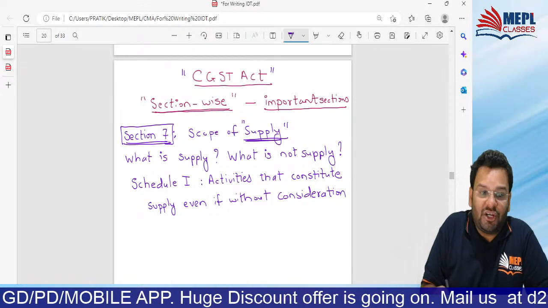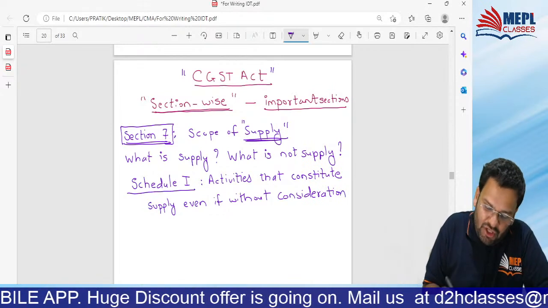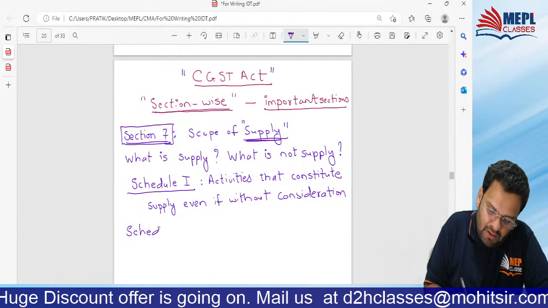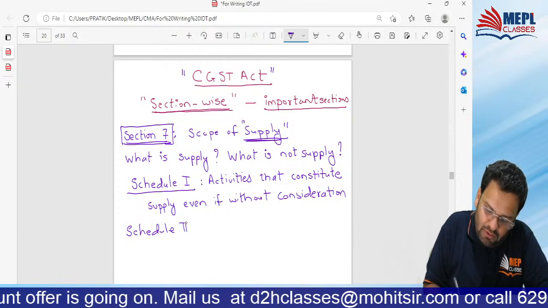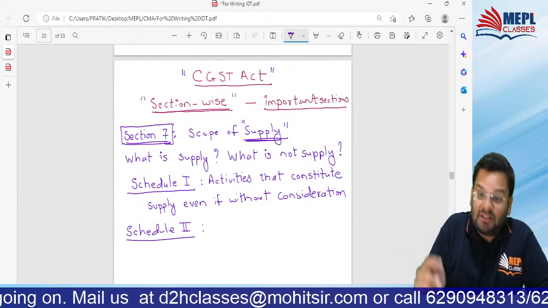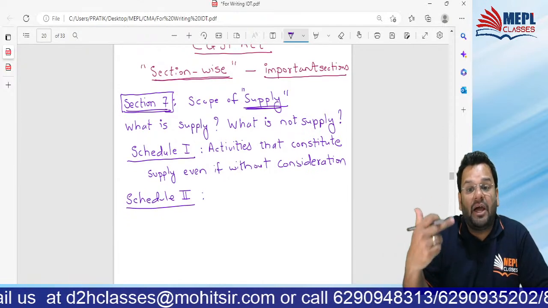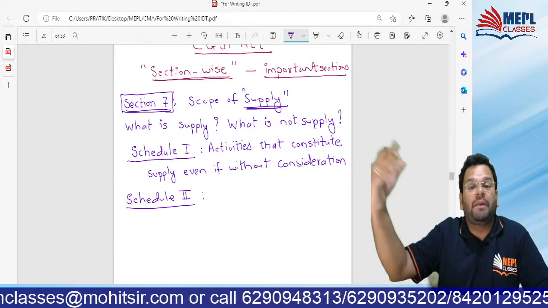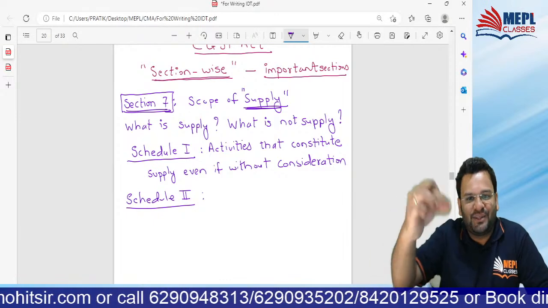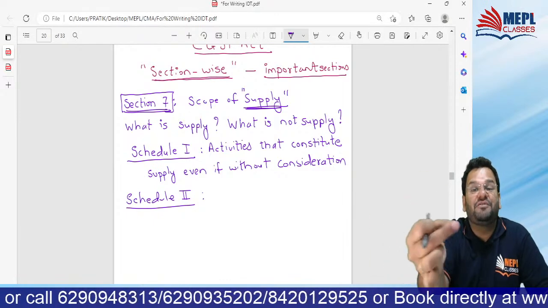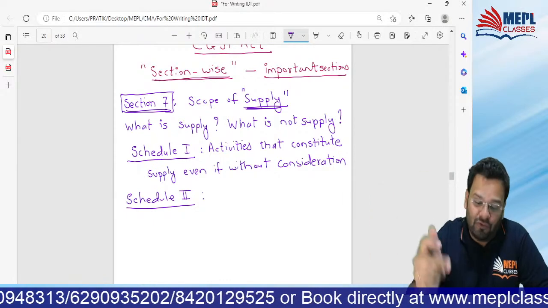Yes, that is schedule 1. What is schedule 2? Schedule 2 is certain activities are supply of goods but not supply of services, and certain activities are supply of services but not supply of goods.